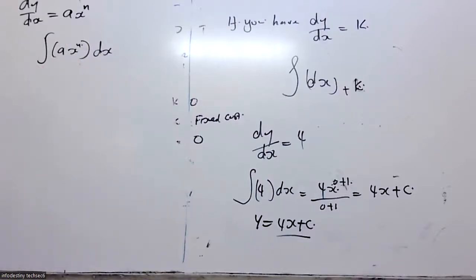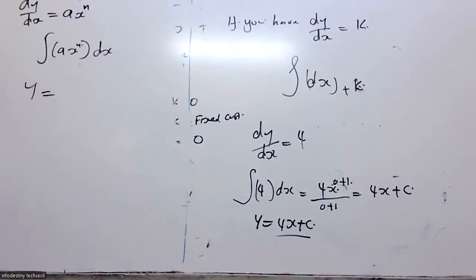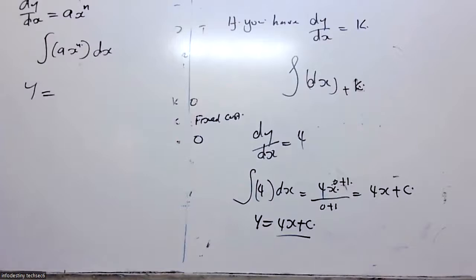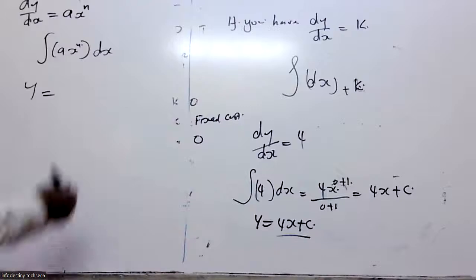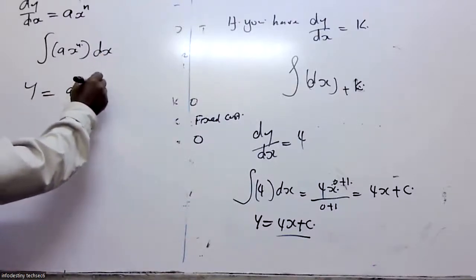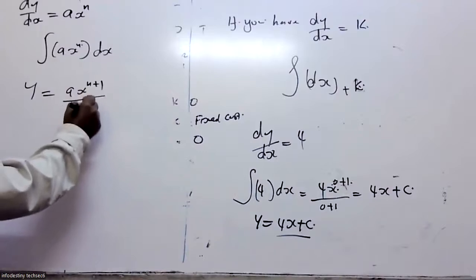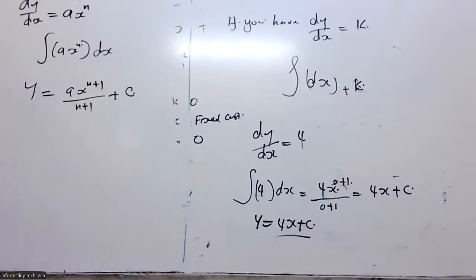So you continue by saying y will be equal to what? A x raised to n plus 1, then we divide by n plus 1. Then plus C, which is the constant.